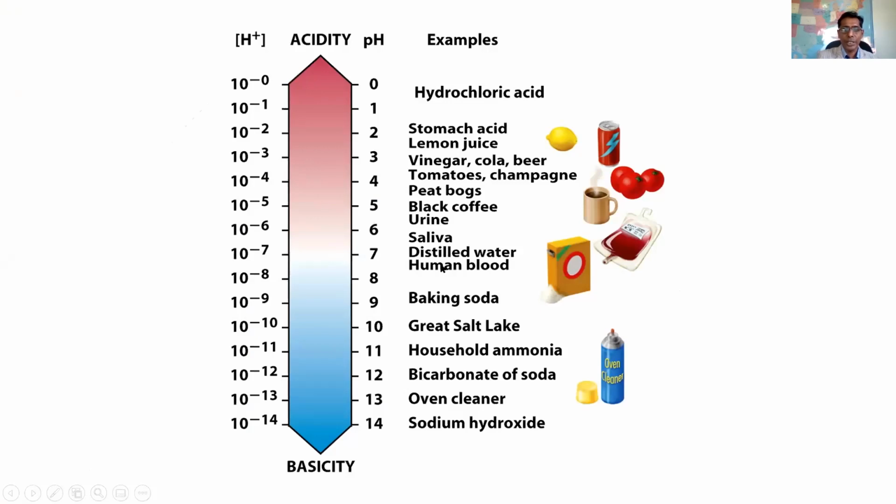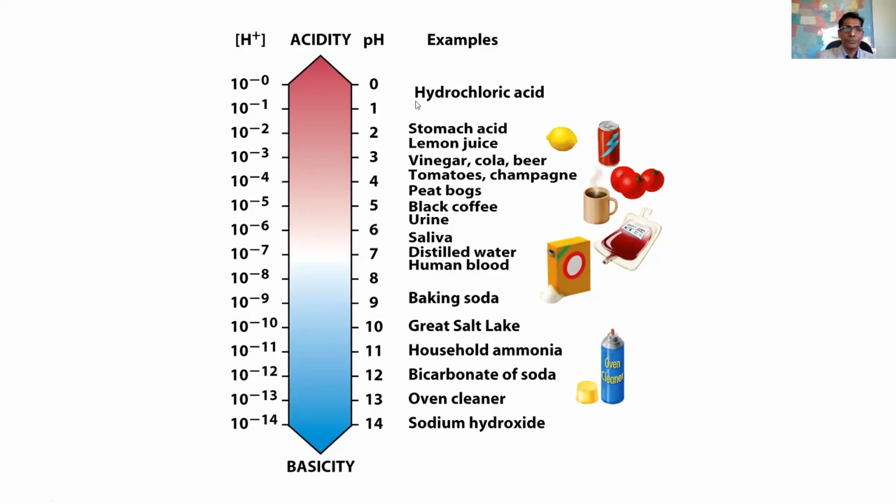Distilled water, human blood and human saliva are basically a little bit acidic. Then black coffee is about 5, tomato juice about 4. Those are our examples to calculate the hydrogen ion. And then we have some other things here that perform at different categories of pH.